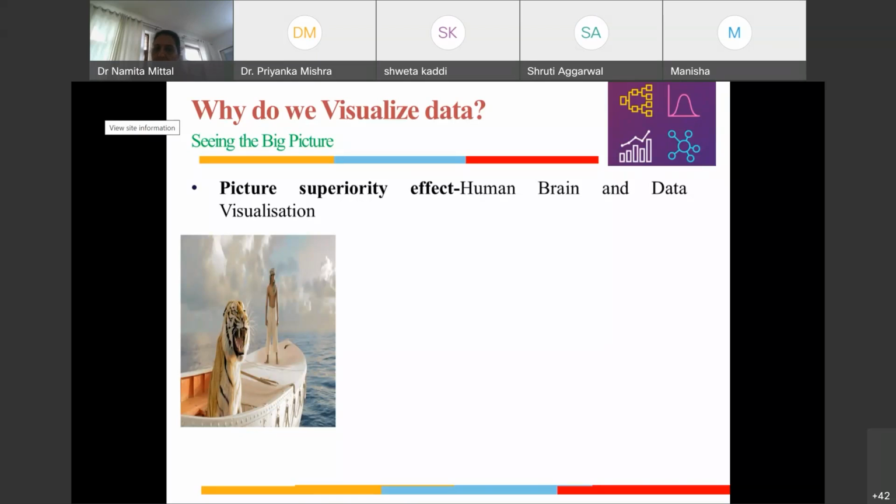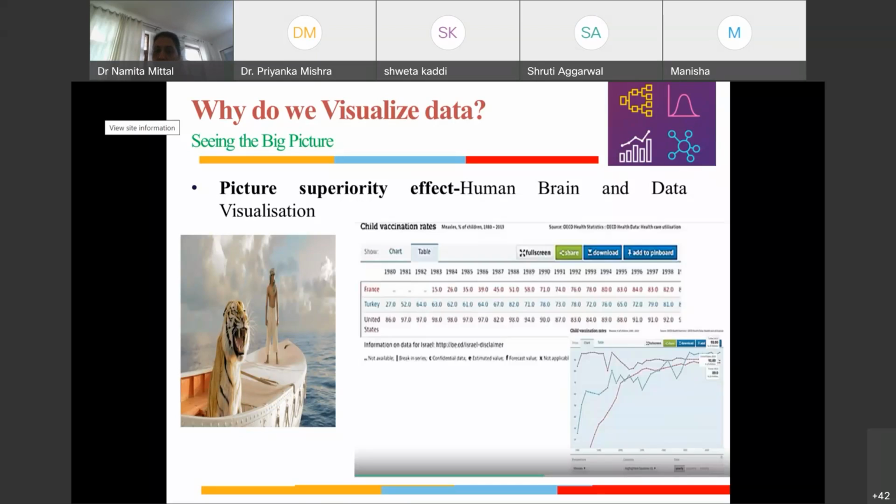So can we do the same kind of thing with the data? This is the logic behind data visualization. If I have this picture, I can't do anything because there are lots of data conveying many things. But exactly what we want is the insights. We can have a line graph. You can see in the right bottom picture, there's a line graph.